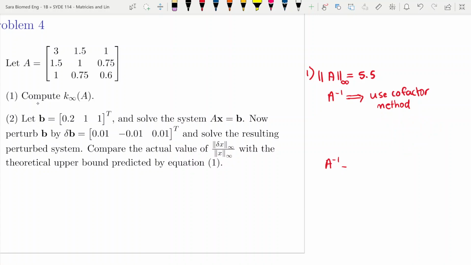So at that we get 0.0125. All right. Now we have the determinant. We have the adjugate matrix. We can compute the A inverse.